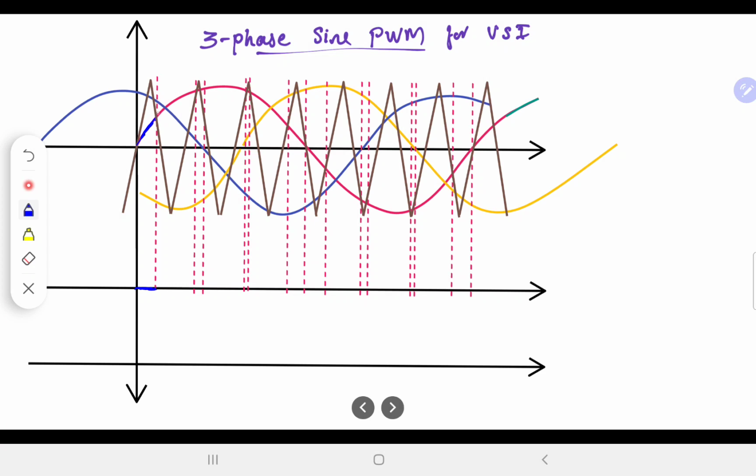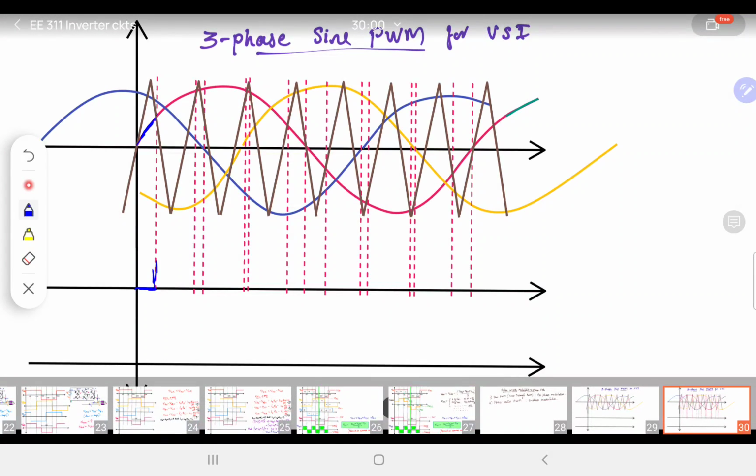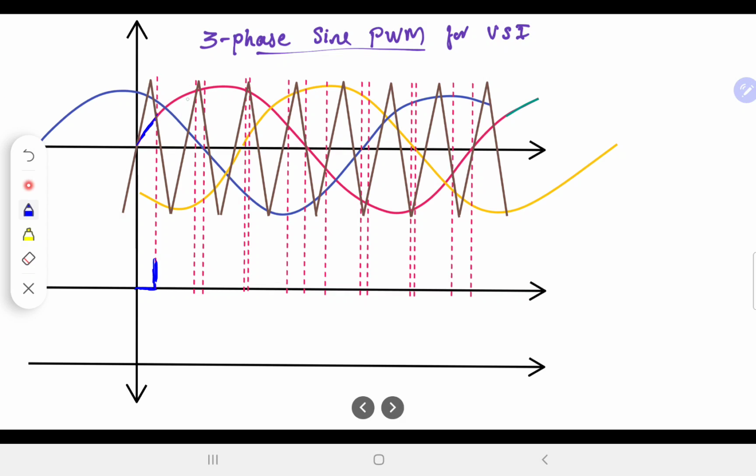And in this area, the red is greater, so you will have a plus here, until again the triangle becomes larger, which is here. So over here you will get a pulse like this, and then the triangle is again smaller. Then we'll have a negative or off logic, and so on and so forth. This is how we generate the pulse.